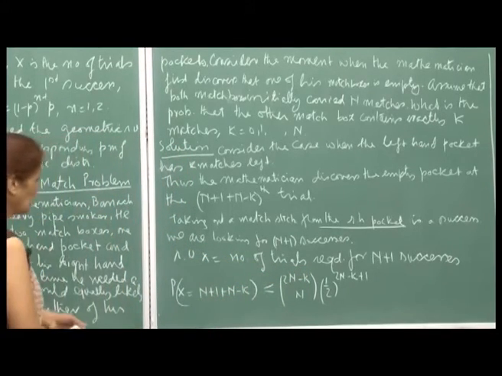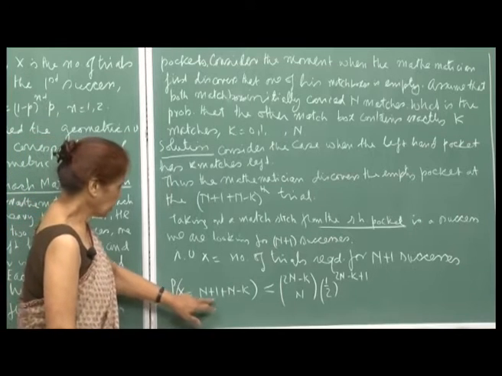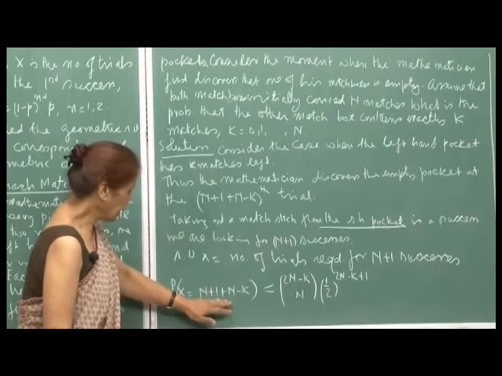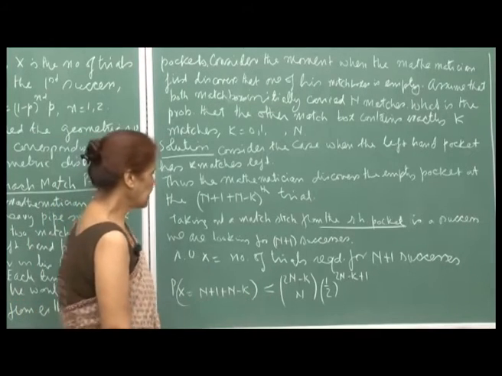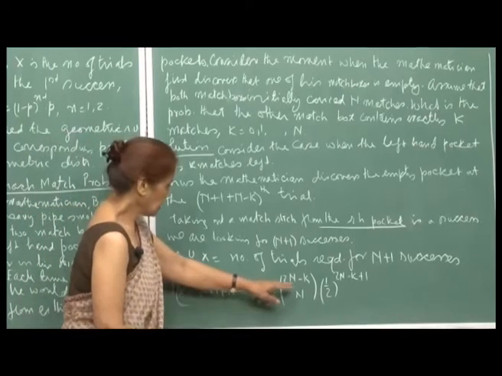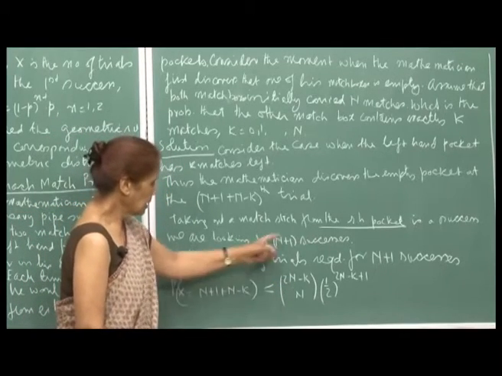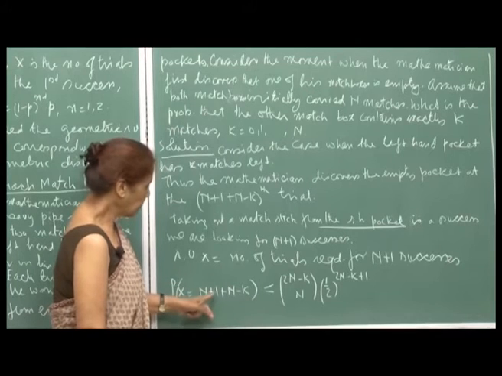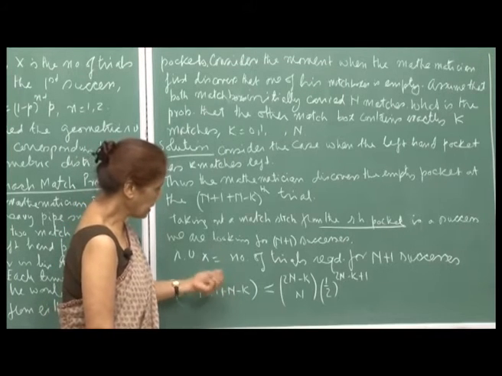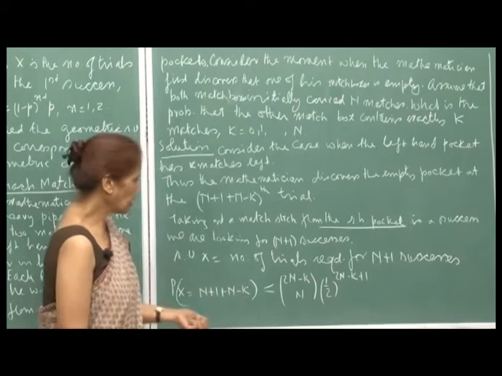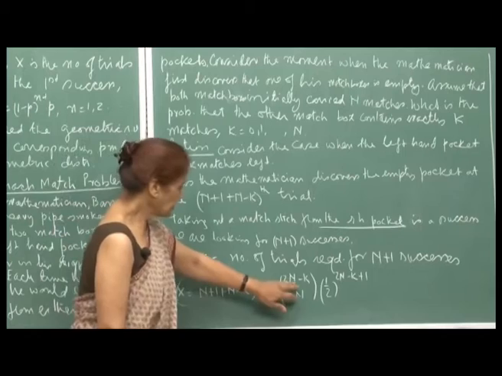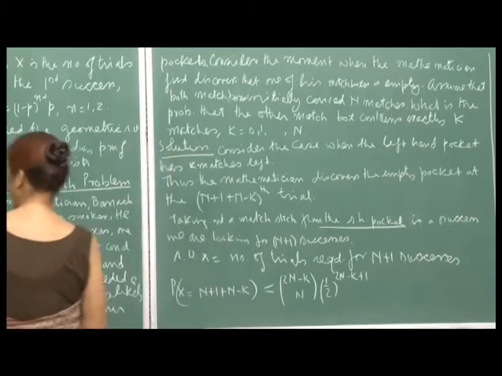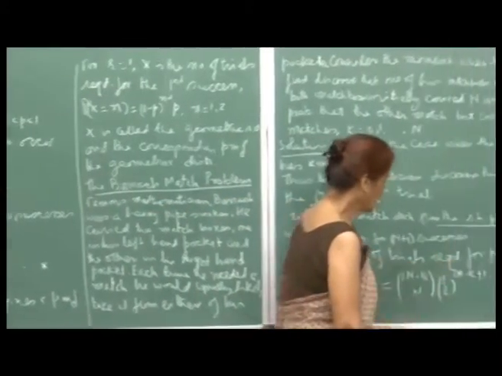At the 2n minus k plus 1th trial, he discovers that the right hand pocket match box has no sticks left. So, the probability is 2n minus k choose n, into 1 by 2 raised to 2n minus k plus 1.